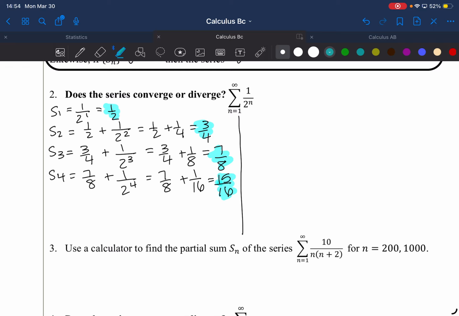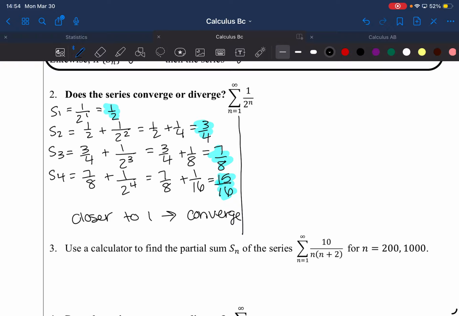So looking at all of these numbers here, what do you say that these summations are approaching? 1. Okay, so they're approaching 1, so they're getting closer to 1. And since it's getting closer to 1, would this be converge or diverge? Converge. How do we know if it's diverge?